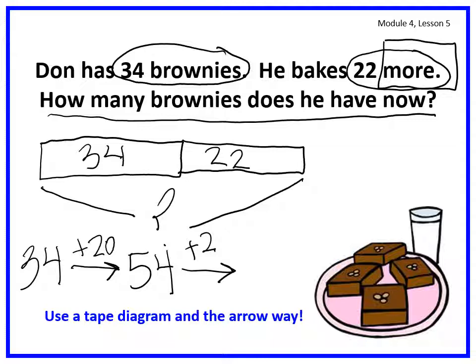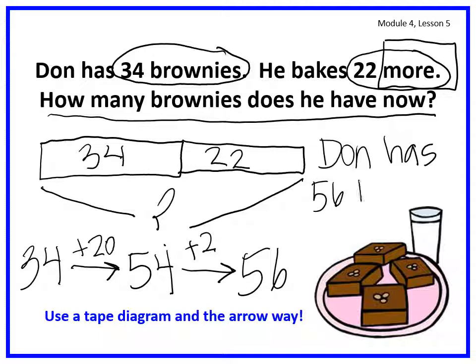Let me erase that. Here we go. So then if I add 2 more, then I know that goes to 56. So how many brownies does he have now? Then I write Don has 56 brownies. Perfect. So I've done my read, draw, and write to answer the problem.